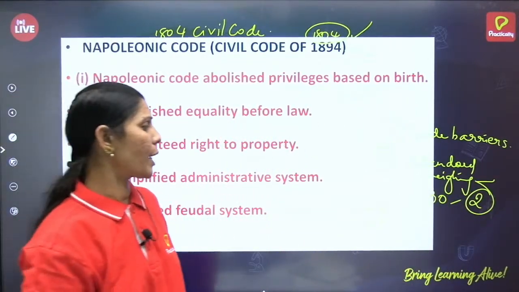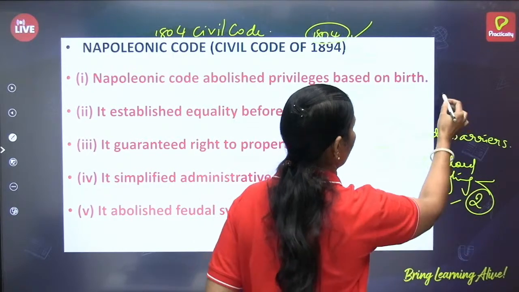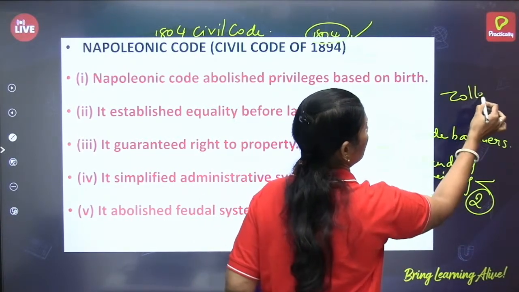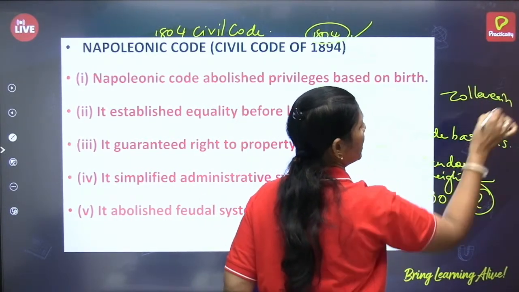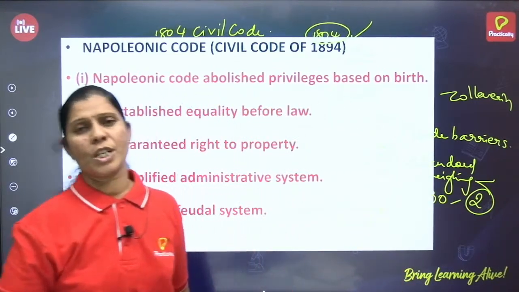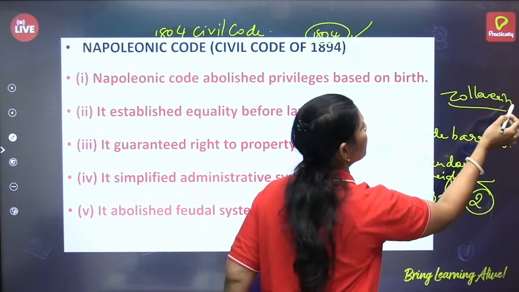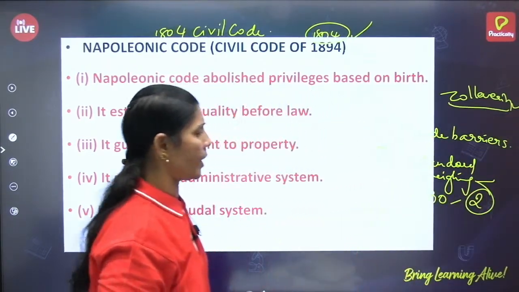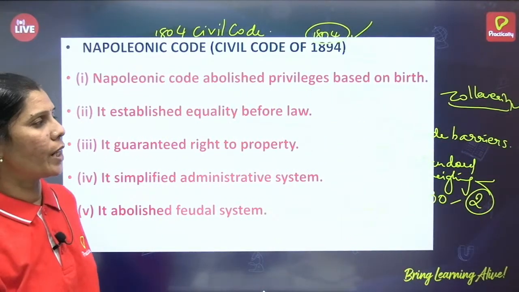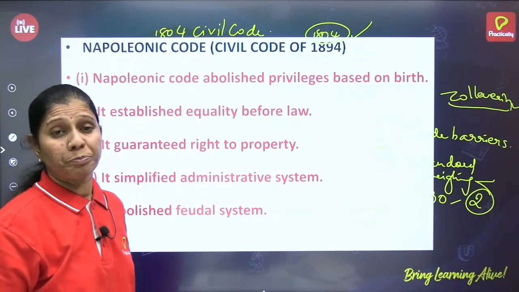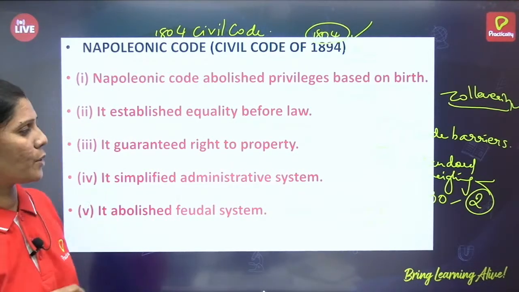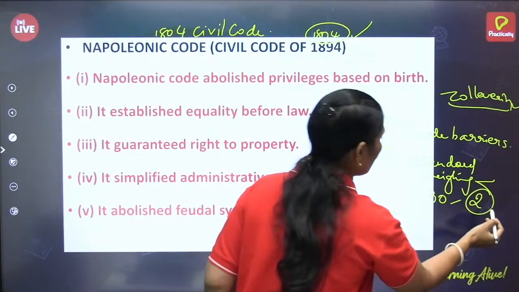Earlier we came across a concept called Zollverein. Zollverein was initially introduced in Prussia, but Napoleon brought it into view during his reign. Under this customs union, 30 customs unions were reduced to 2.